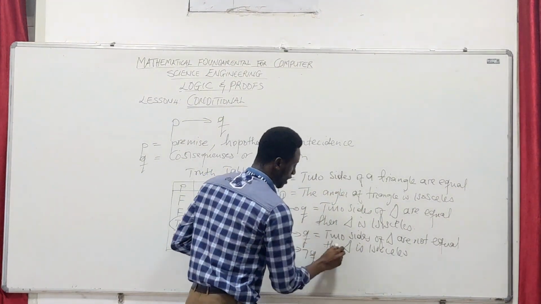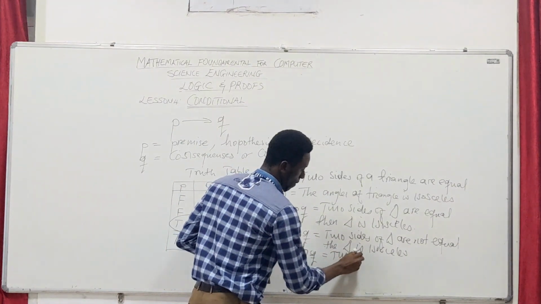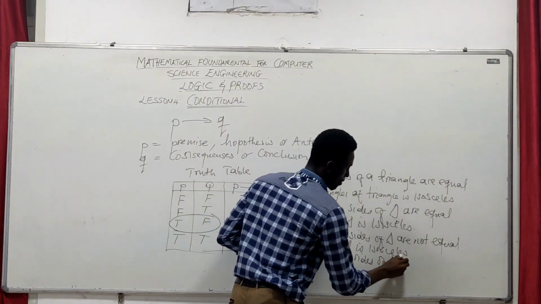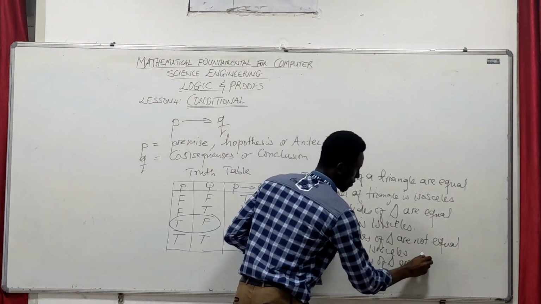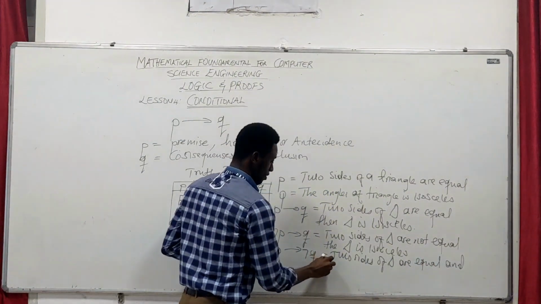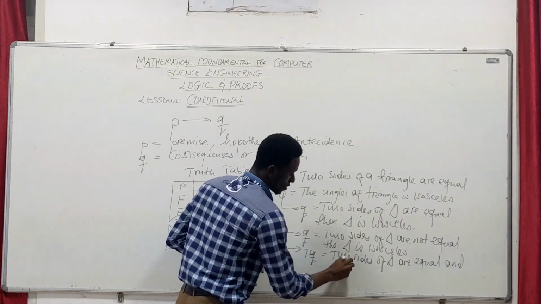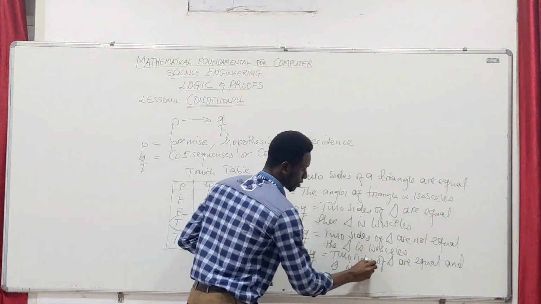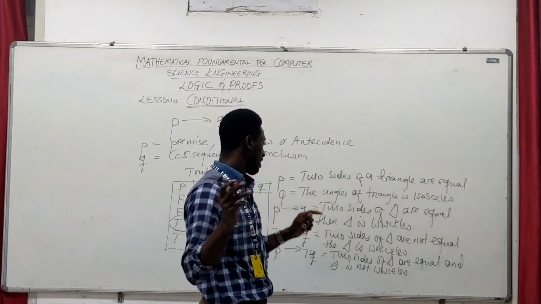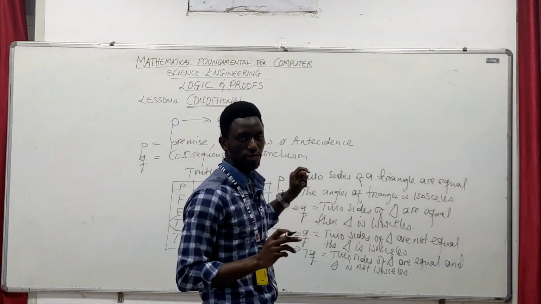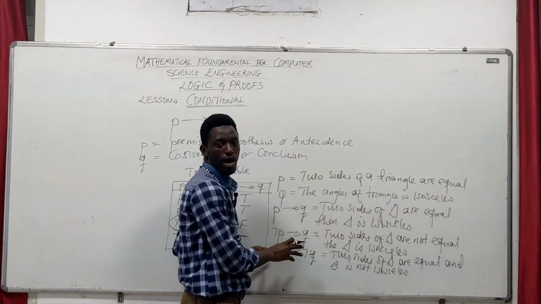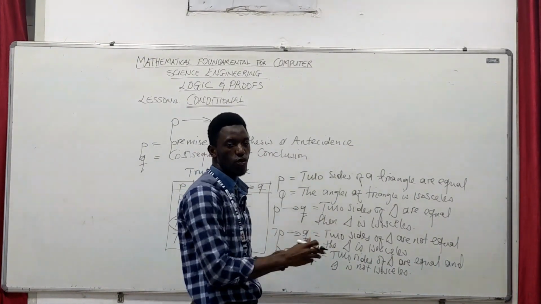So here you can say two sides of a triangle are equal and the triangle is not isosceles. So this is just an example of this conditional statement. We can further explain this conditional statement before we go to biconditional.